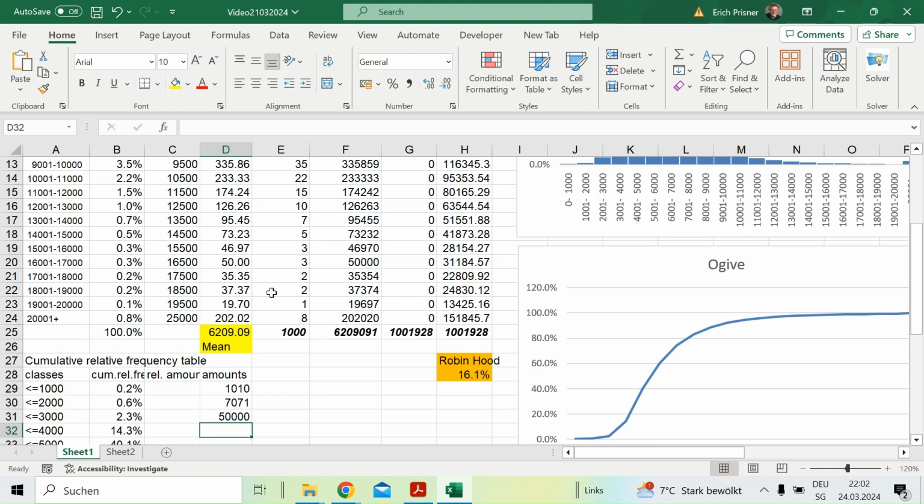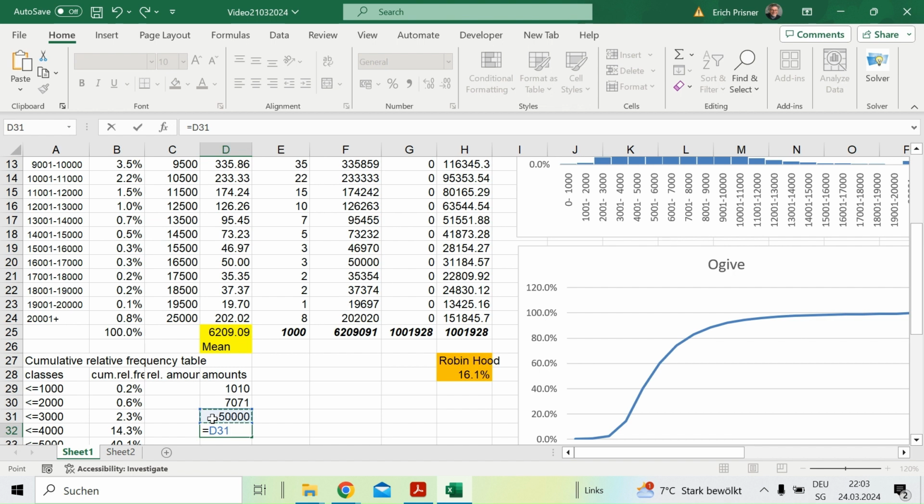But the best way to do these calculations is the same way we did when we calculated the cumulative relative frequency table. Remember, in video number 1, we said the total amount of the class less or equal 4,000 is the same as for the class less or equal 3,000.